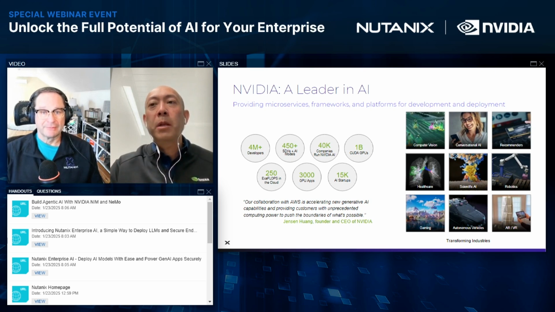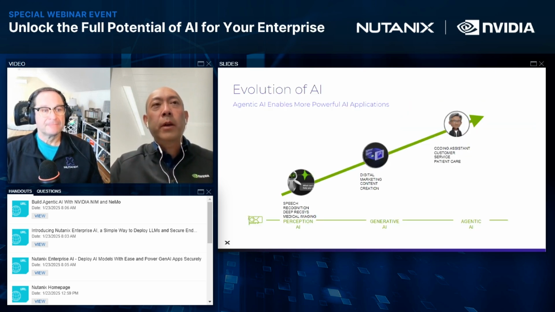And, you know, we've been talking about generative AI, Sean, and this is still really big. Everyone's still implementing generative AI. But if you saw the CES keynote, Jensen talked a lot about agentic AI. And so we're evolving into these AI agents that are more complex, right?